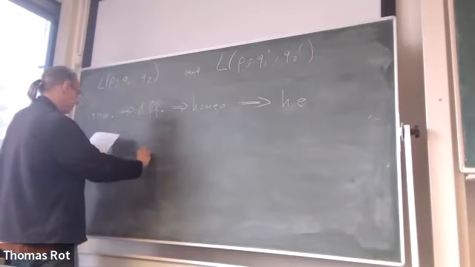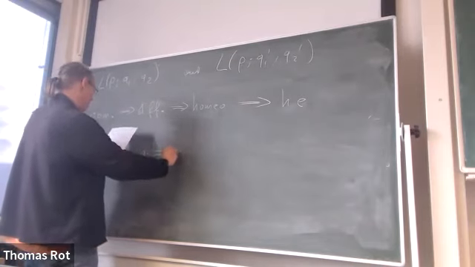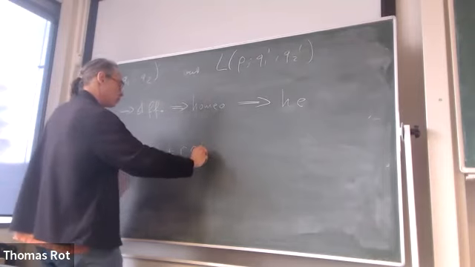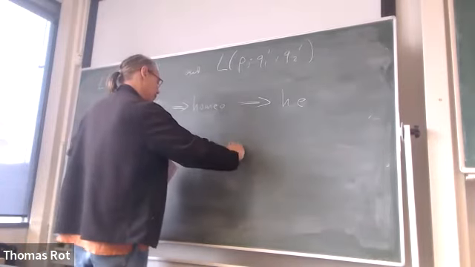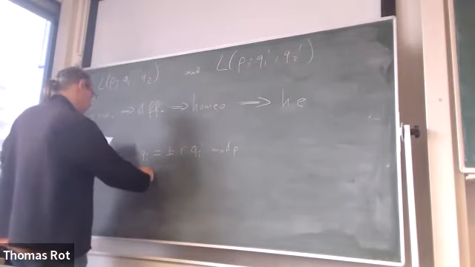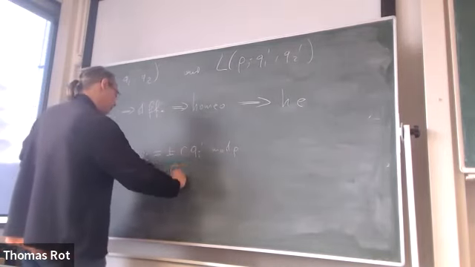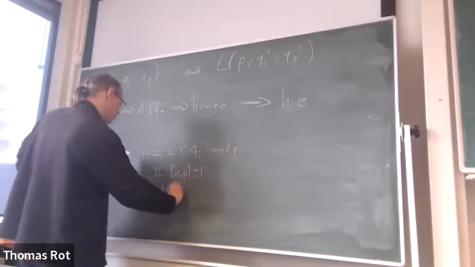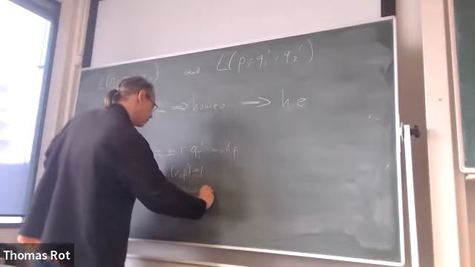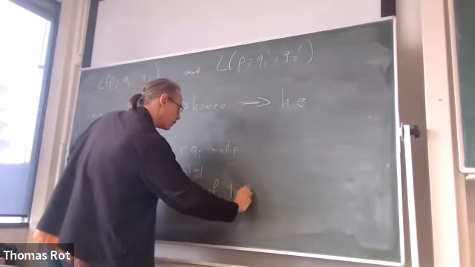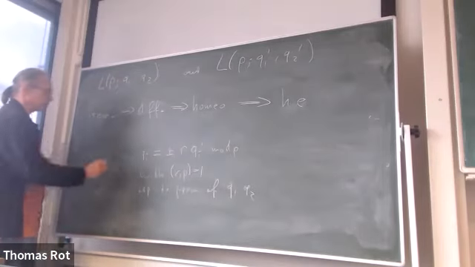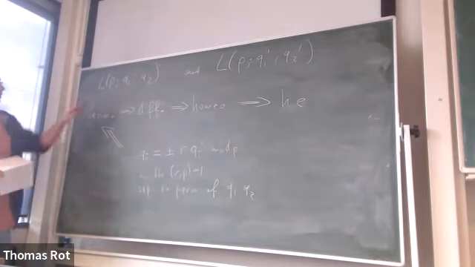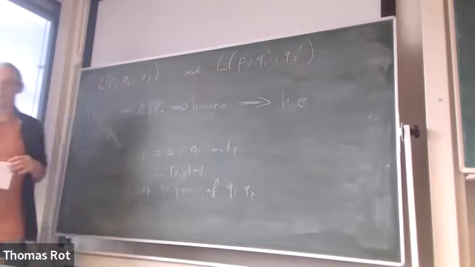if you have Q_i is plus or minus the number R times Q_i prime mod P, where R is coprime to P, and this is up to permutation of Q1 and Q2. In this case, there's an obvious isometry that will tell you that these two spaces are isometric.